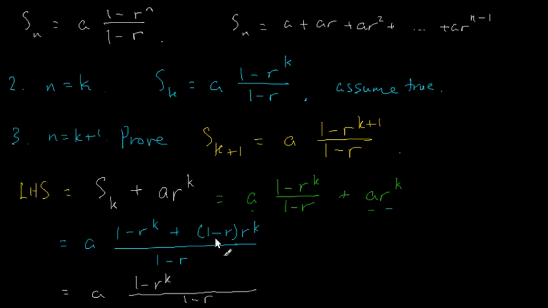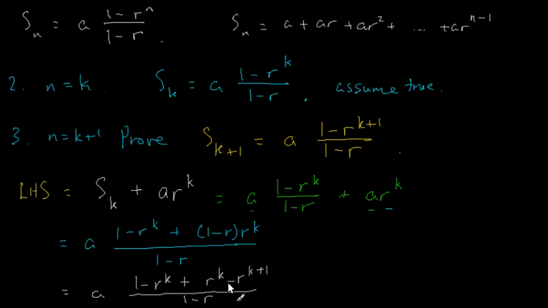Okay, I'll open up the bracket, remove the brackets. So 1 times r^k is r^k, minus r times r^k is minus r^(k+1), plus 1. Okay, so what we have now is this expression.